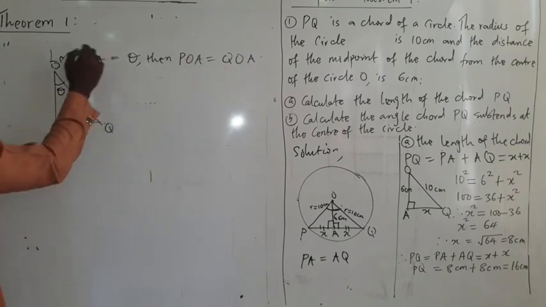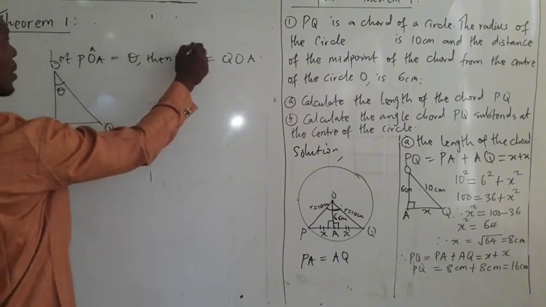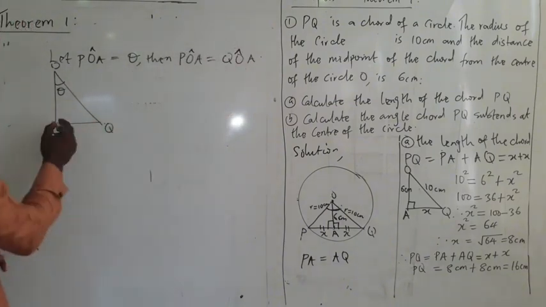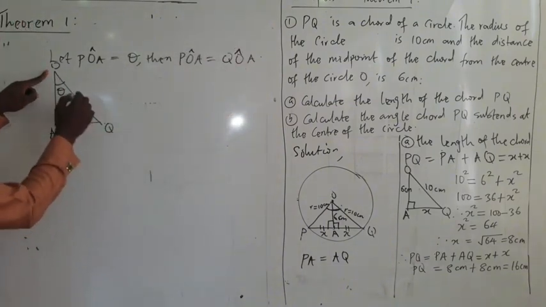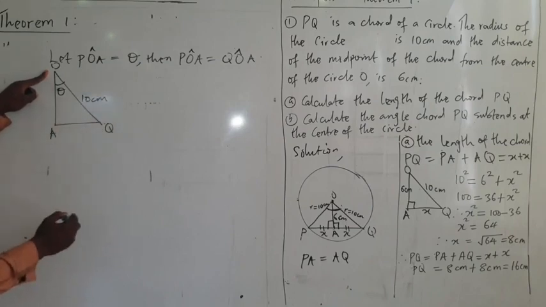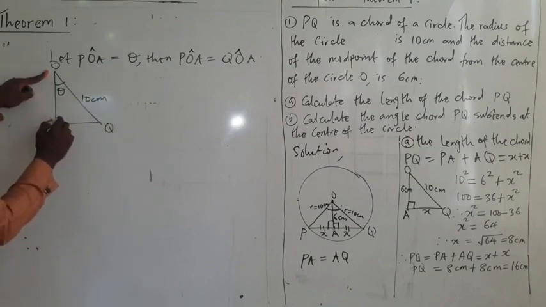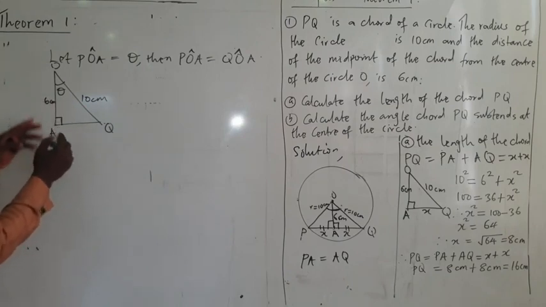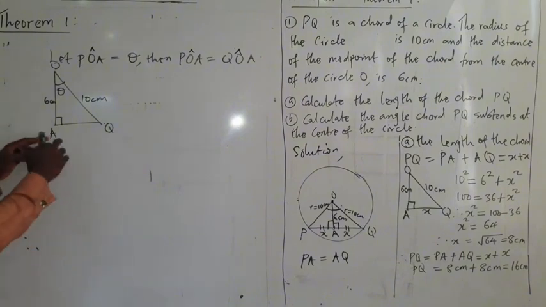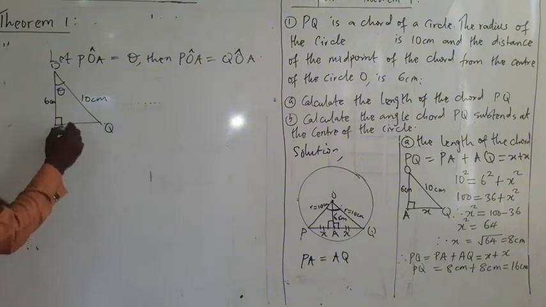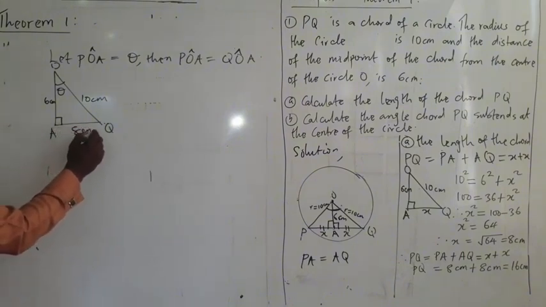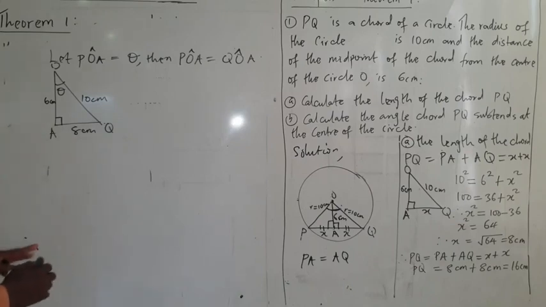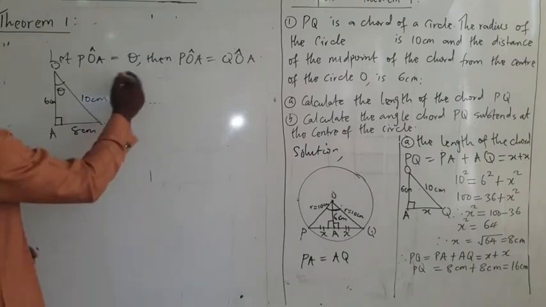Line OQ is given as 10 centimeters, which is the radius. Angle A is 90 degrees. Then OA is 6 centimeters. To now get theta, we've gotten our AQ to be 8 centimeters, so you can make use of any of the ratios from trigonometry.